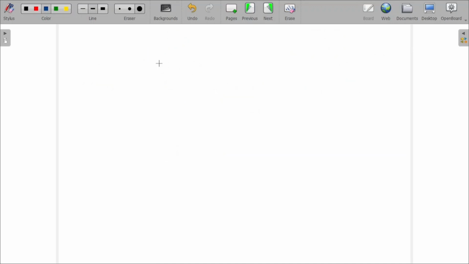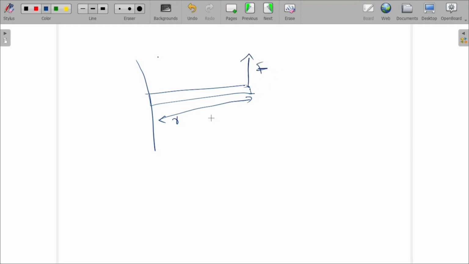See, I have one rod here. This is our axis of rotation. At this point, I applied a force. This total distance is R. I applied the force in this direction. Now it is perpendicular to the distance and the axis of rotation.